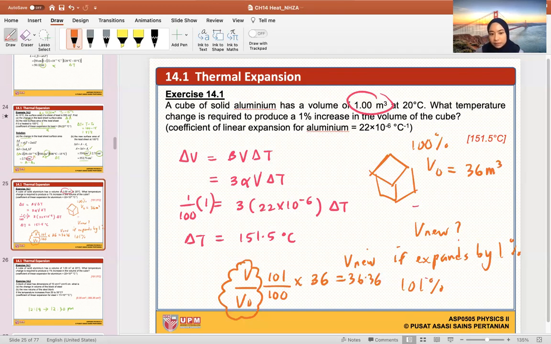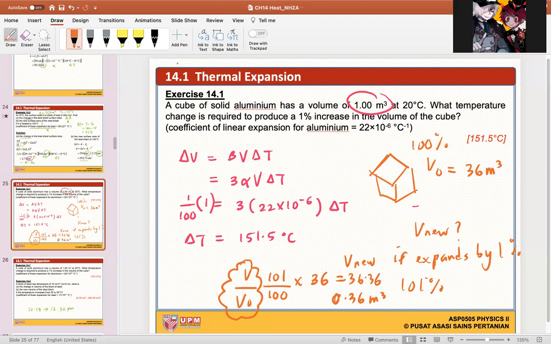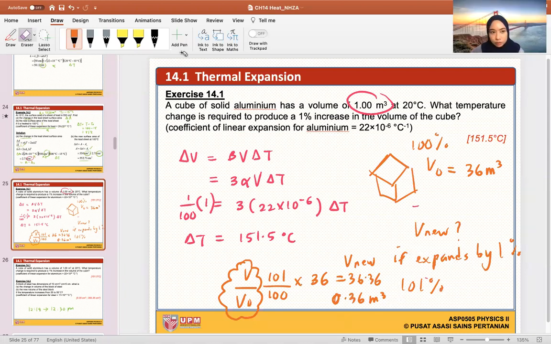Pertambahan yang berlaku kat sini adalah sebanyak 0.36 meter cube. Betul tak? Semua orang faham tak setakat ni? Faham. Pertambahan V, the change in V is 0.36 meter cube, dan pertambahan ini bersamaan dengan 1%.